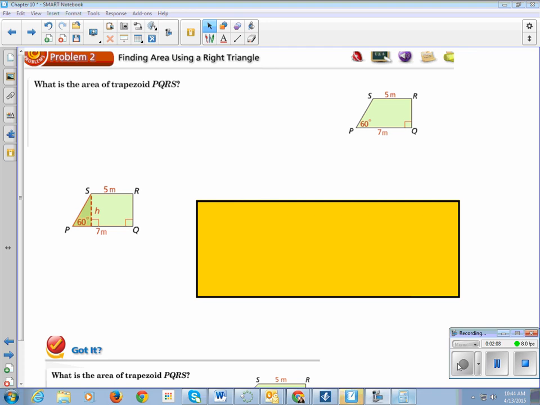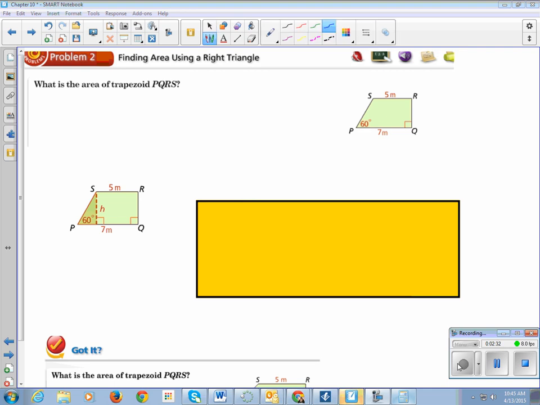The two bases are 5, and they don't give us anything except that this angle is 60. So on your diagram, put in that vertical height, which creates a 90-degree angle. We're splitting our trapezoid into a triangle and a rectangle.